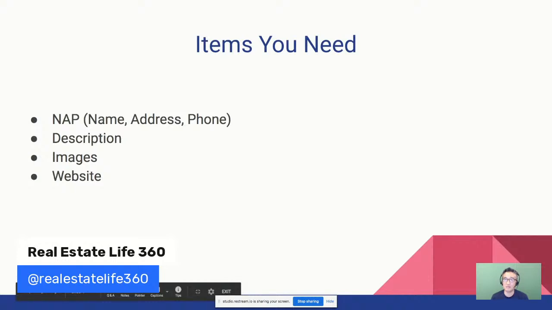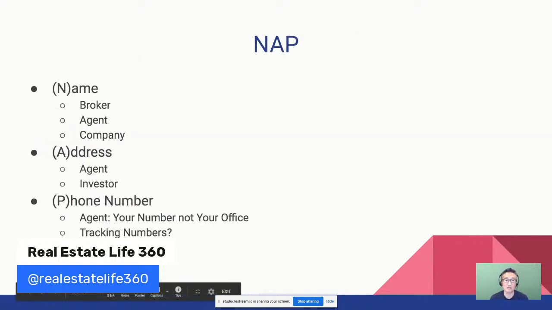The items that you will need for Google My Business: if you don't have a listing, the simple thing is you can go into Google and type in Google My Business, and it'll take you directly to the website. Let me show you right now.